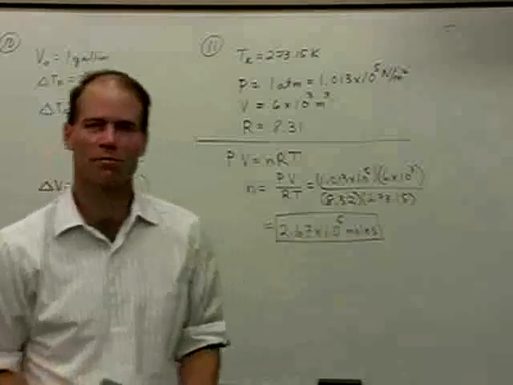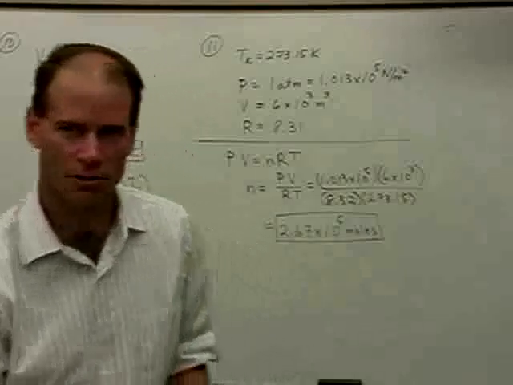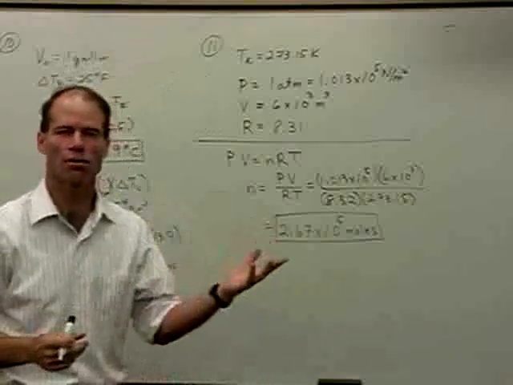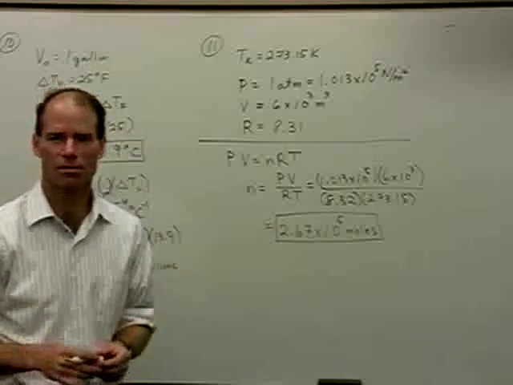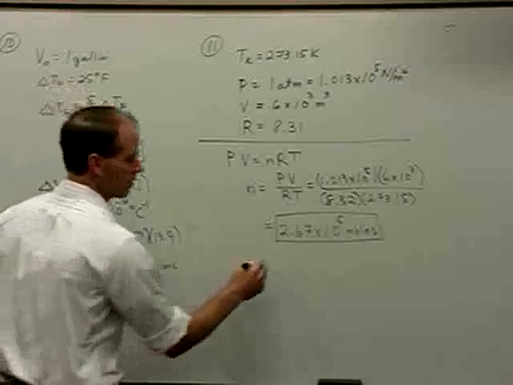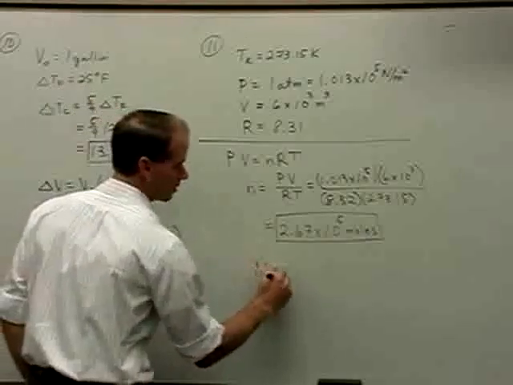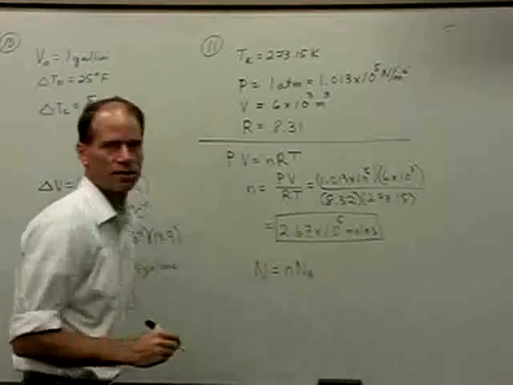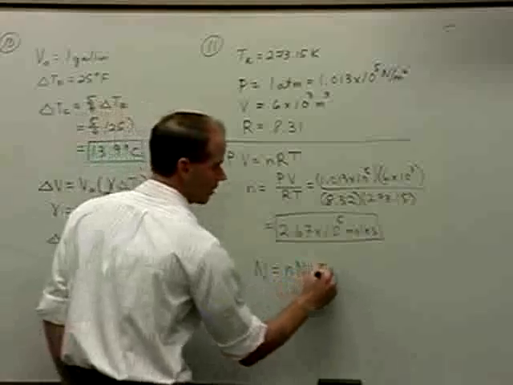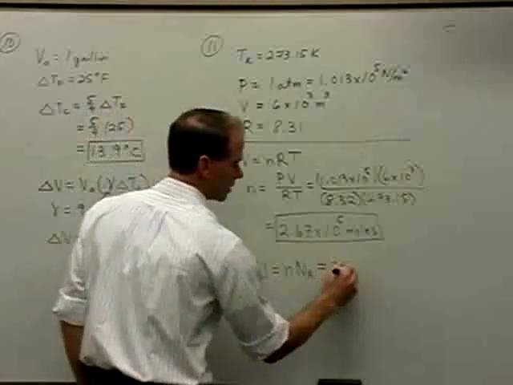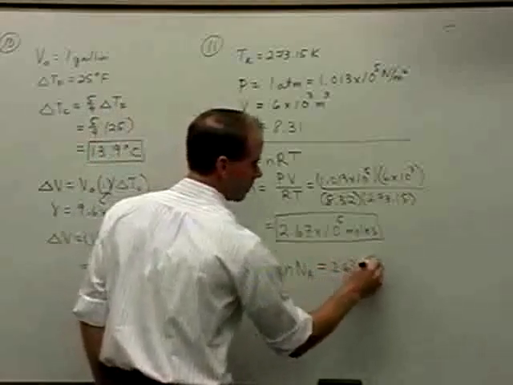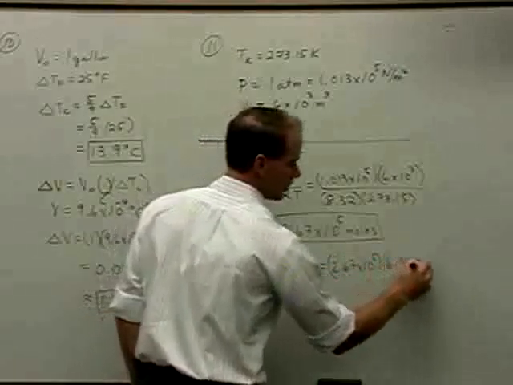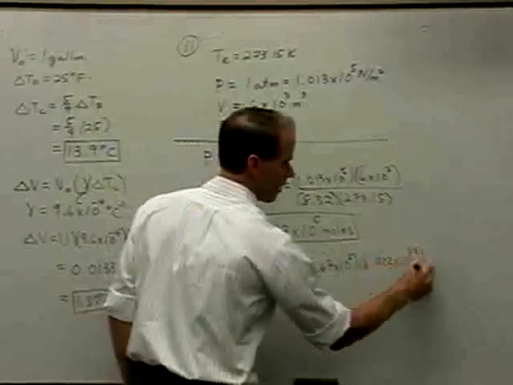However, the question was how many molecules of air are in this auditorium. And we know that per mole there's Avogadro's number of particles. So the number of molecules is equal to the number of moles we have times Avogadro's number. That will equal 2.67 times 10 to the 5 times Avogadro's number, 6.022 times 10 to the 23 molecules per mole.